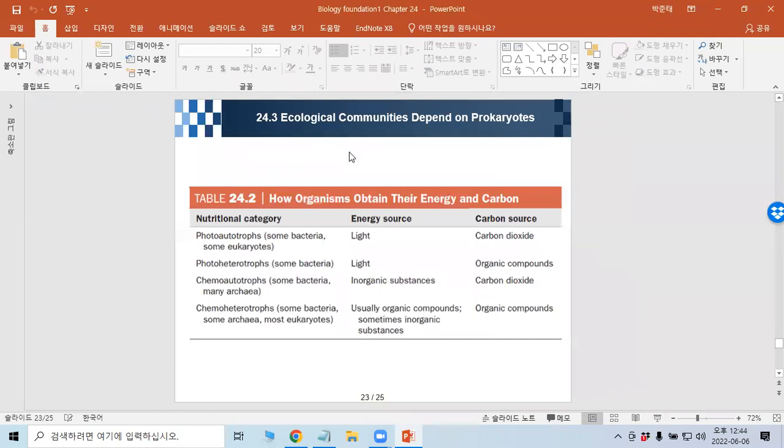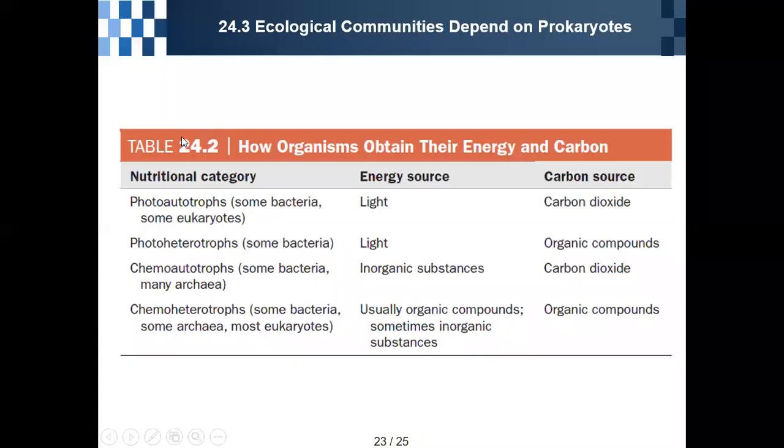So here, Table 12.2 summarizes how organisms obtain their energy and carbon. For example, photoautotrophs use light as the energy source and carbon dioxide as the carbon source. Photoheterotrophs use light as the energy source, but their carbon source is organic compounds.